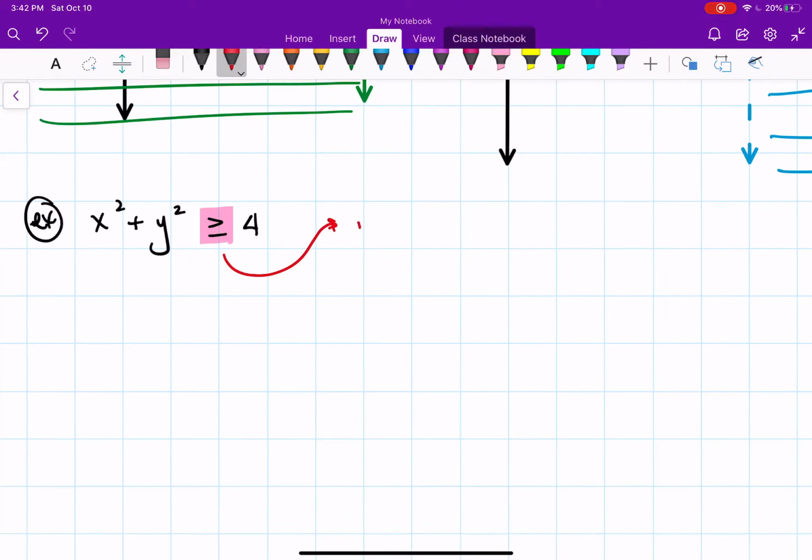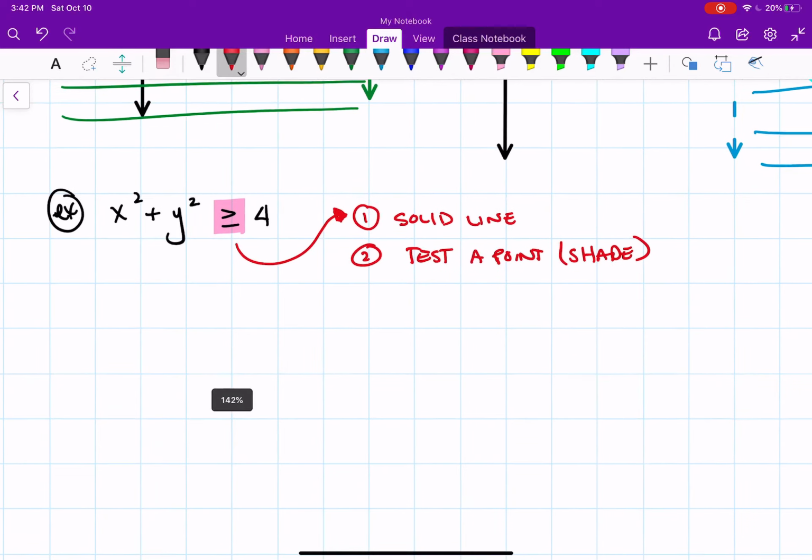One is that it is a solid line, right? And the second is to test a point, and that's for throwing shade towards, right?